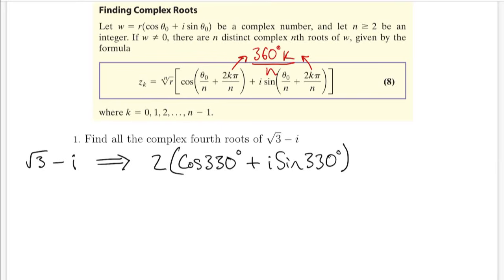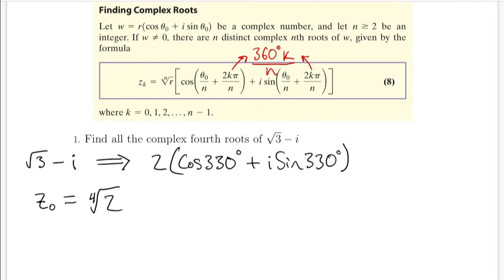All right, so I've taken this number, I've converted it to complex polar form, and now I'm ready to start using this formula to start finding the fourth roots of this number. So I'm going to start by finding my first root, and remember, that's when k equals 0. And what I'm going to take is the nth root of r. So my r in this case is 2, my n is 4, so I have the fourth root of 2.